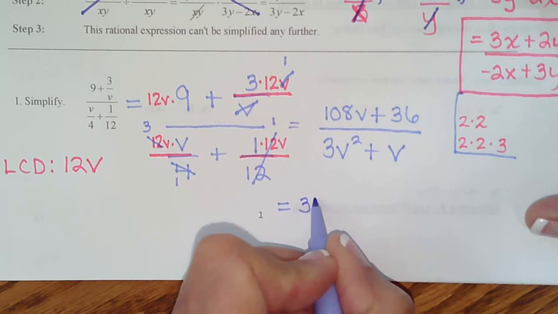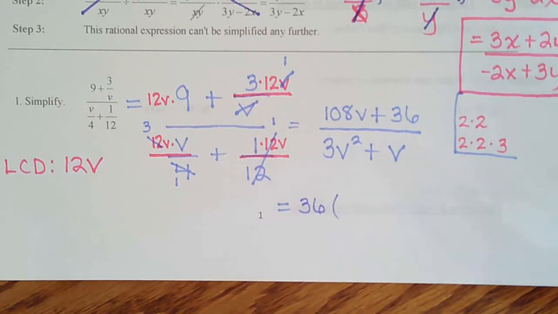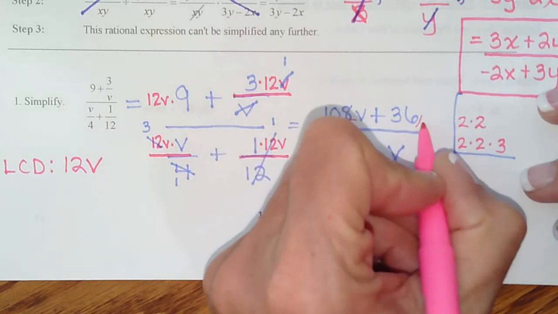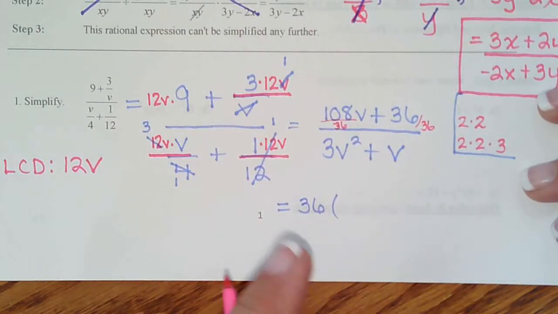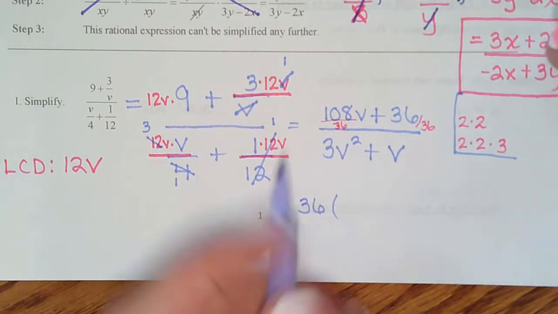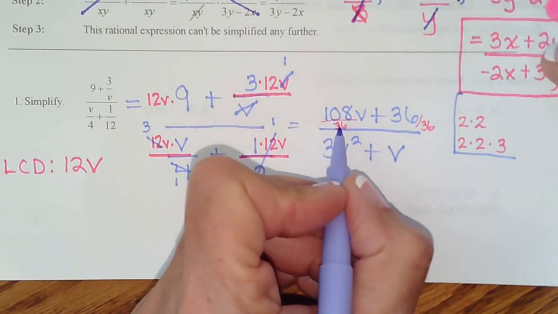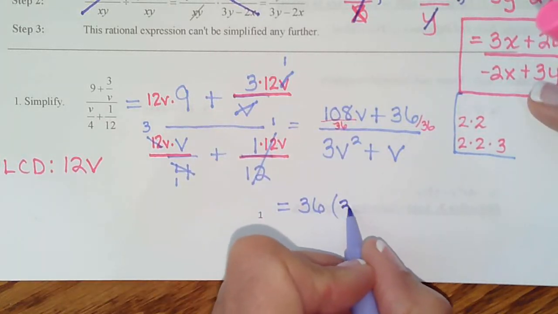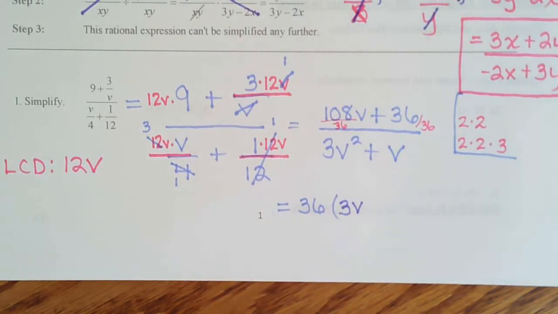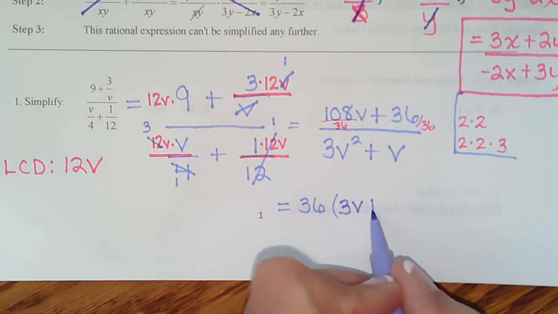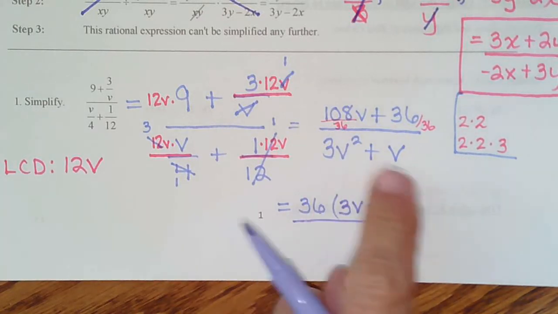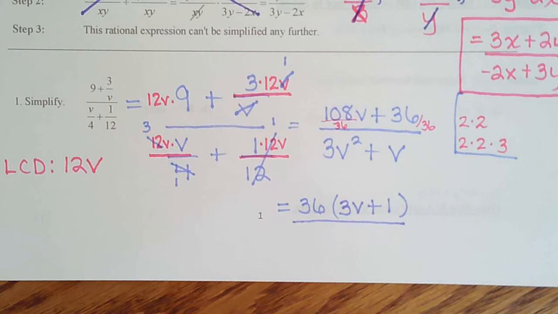So I can pull the 36 out, divide each of these by 36, and then write what's left. We just said 36 times 3 is 108, so 108 divided by 36 is 3, and then we still have that v, plus 36 divided by 36 is 1, over, remember, two terms. The first thing you're always supposed to look for is GCF.